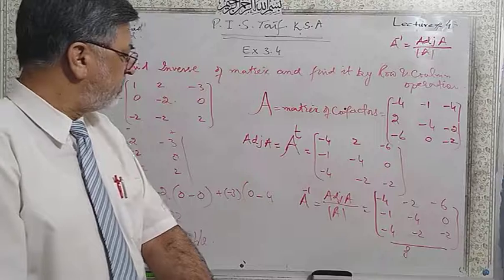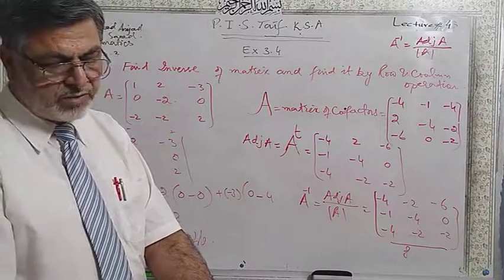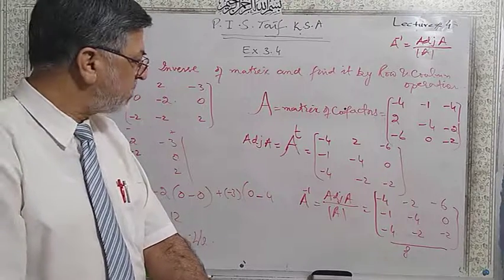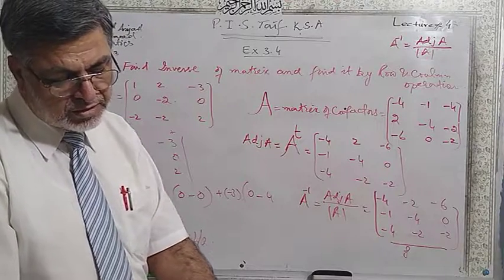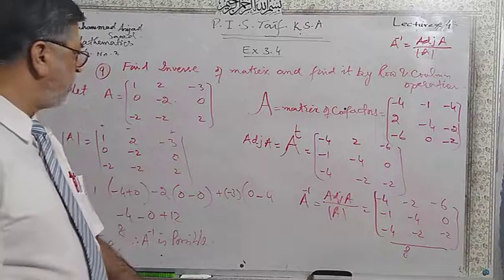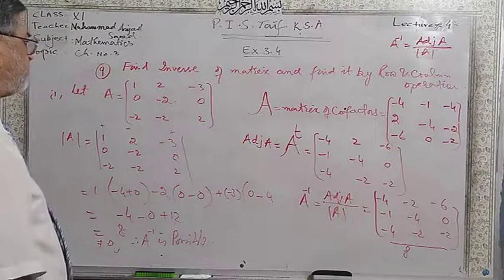Minus 1 over 2, minus 1 over 4, minus 3 over 4, and this is 0.